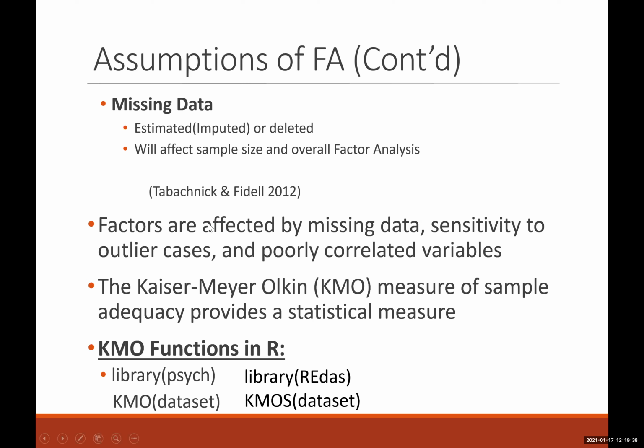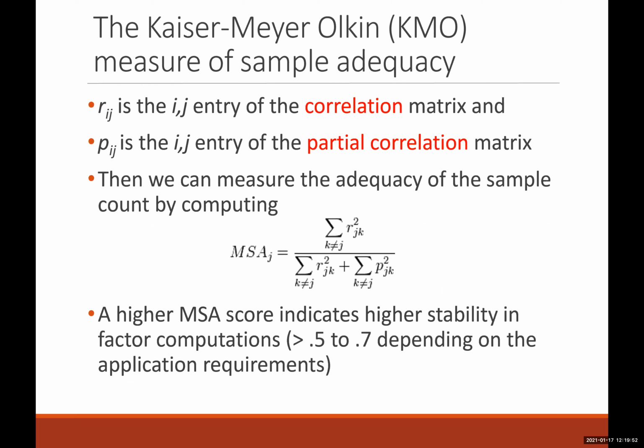So how do we check for KMO? We'll use library psych's KMO function, or you can use library REdaS for KMOS, and that will give you the KMO sampling adequacy. And what does that exactly entail? Well, that is a combination of correlations of the entire variable to the component, as well as the partial correlations.